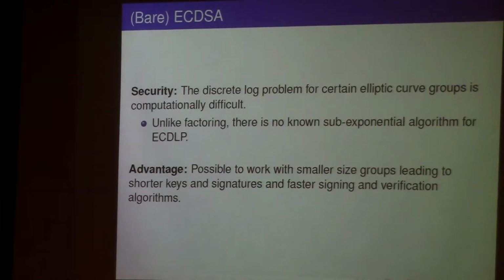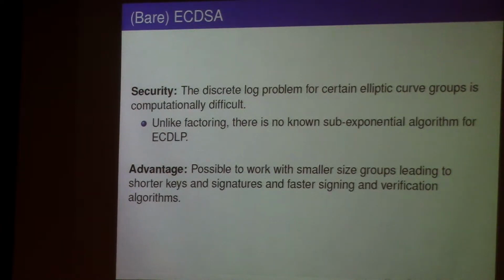Whereas for the discrete log problem on certain properly chosen elliptic curve groups, you do not have anything other than essentially trying a brute-force search, which is also called Pollard's rho algorithm. So to put it in broad perspective, solving the discrete log problem on elliptic curves is assumed to be more difficult than factoring.